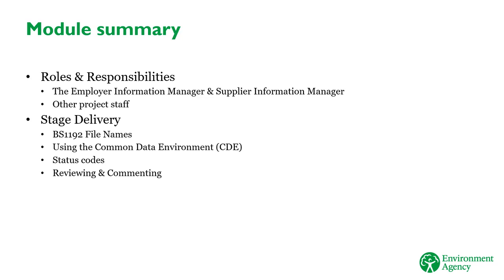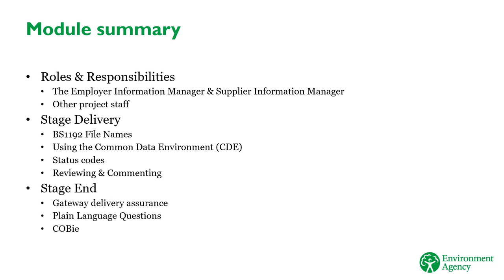You learned about the status codes used in BIM to convey the suitability of data and information for different kinds of use. And you learned how to review information in the E-CDE by amending the author code if you make changes to information created by another organisation. At the end of a stage, you learned about the checks that need to be carried out to assure the delivery of all the information and data required to pass the gateway.